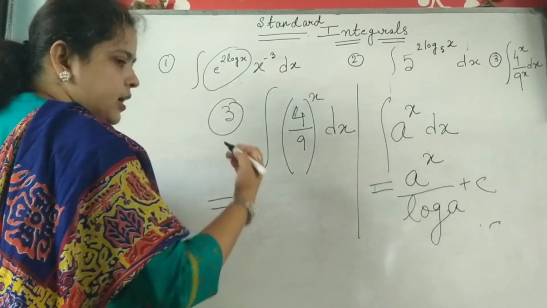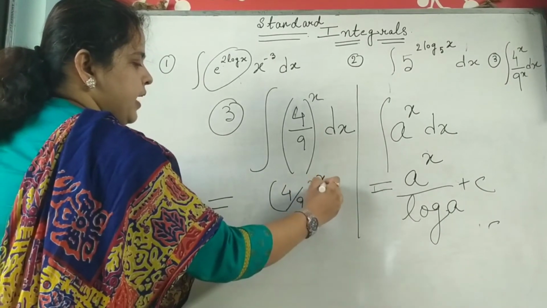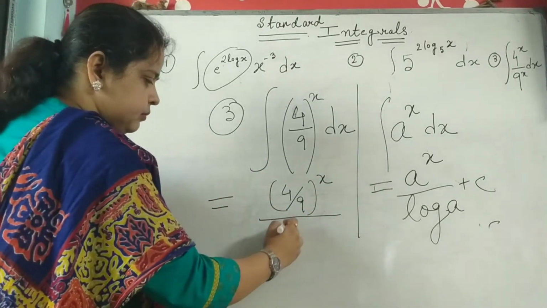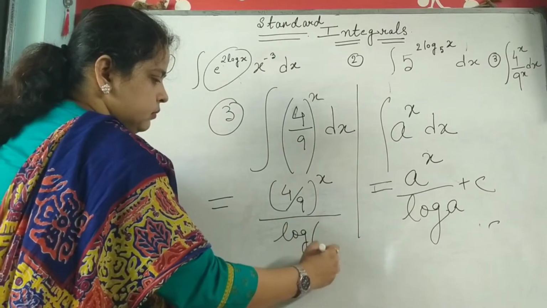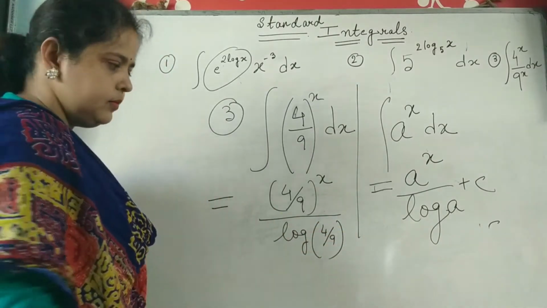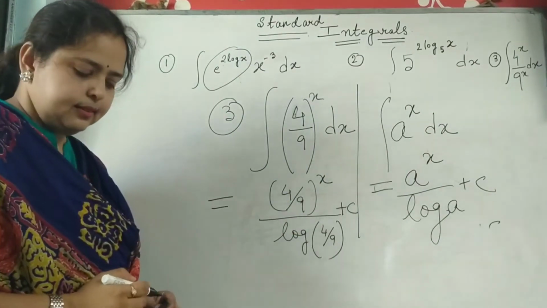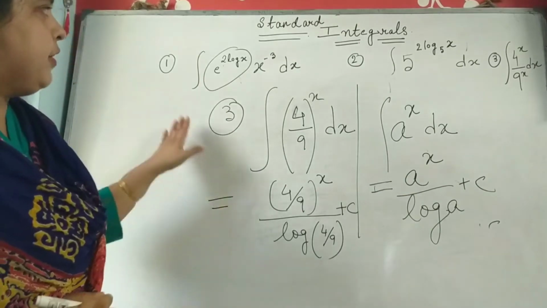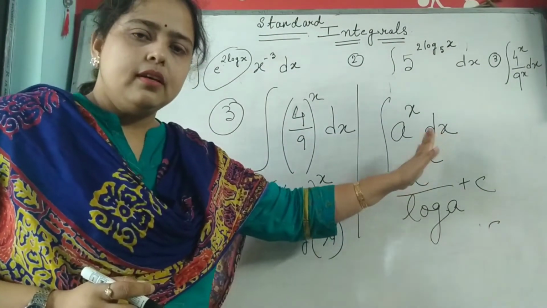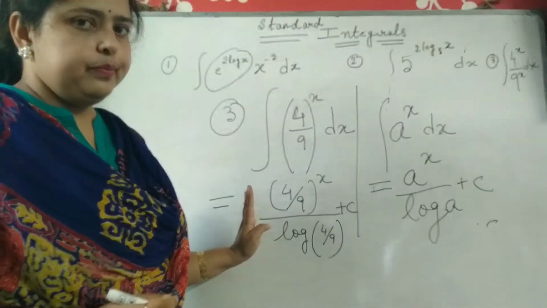Okay, so the answer I'm going to write here, 4 by 9 whole to the power of x by log 4 by 9 plus c. So I hope the first three problems which are carrying 1 mark are clear to you.